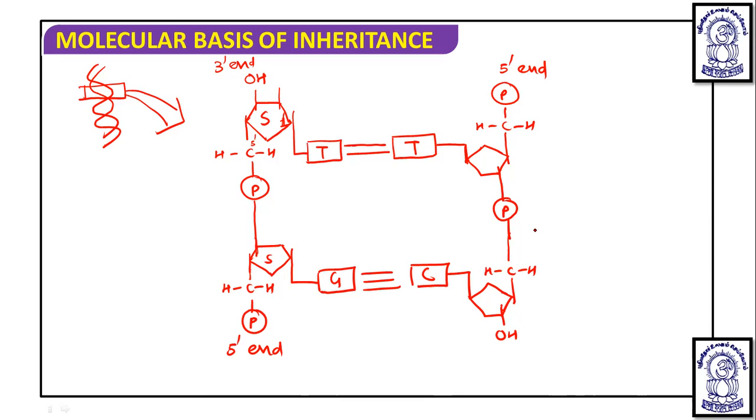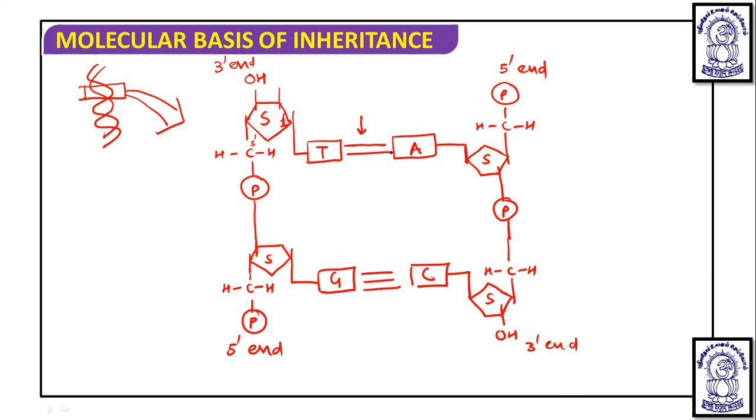Okay. So again, this is also sugar. This is also sugar. These are the nitrogenous bases. This is the 5 dash end, and this is OH, so it is 3 dash end. So these two base pairs we have shown. One is T with A. Sorry, here we should write A. T base pairs with A and G base pairs with C. So if we look, these two nucleotides will look like this. Okay, two base pairs will look like this.